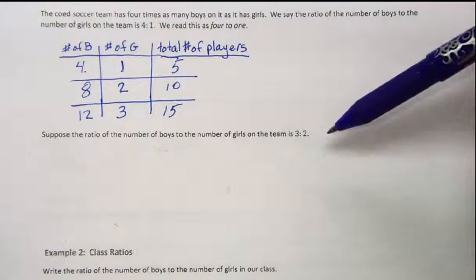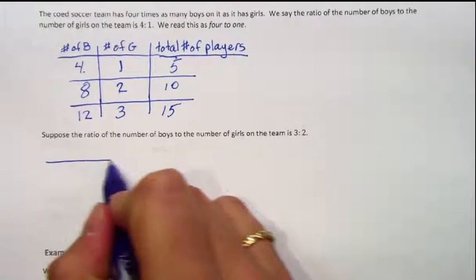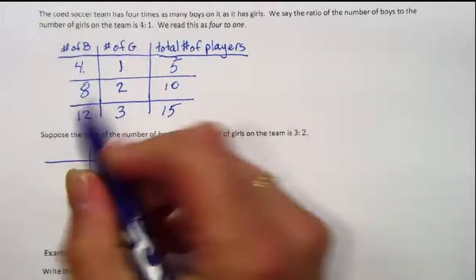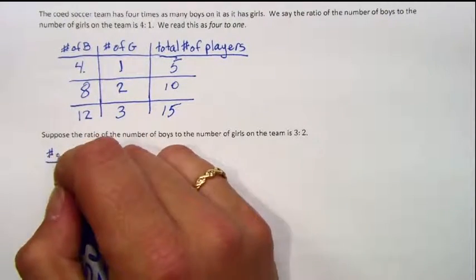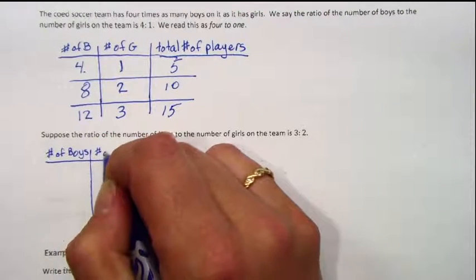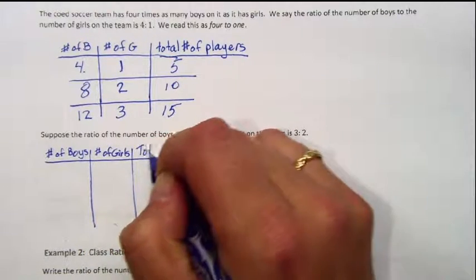Let's see if that's going to work with this one. Let's start by making another table. It's the number of boys and the number of girls and the total number of players.